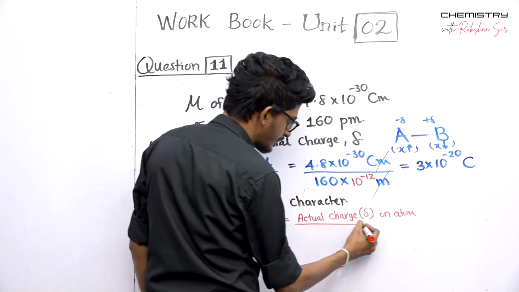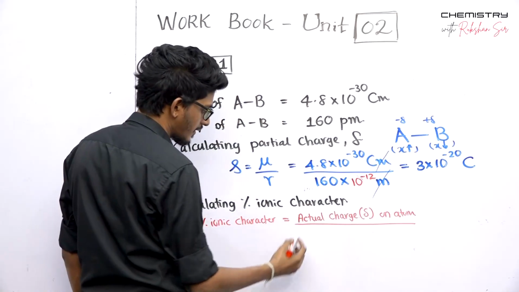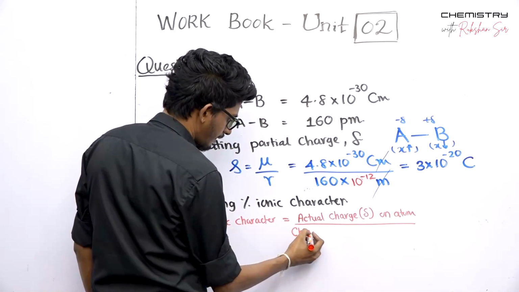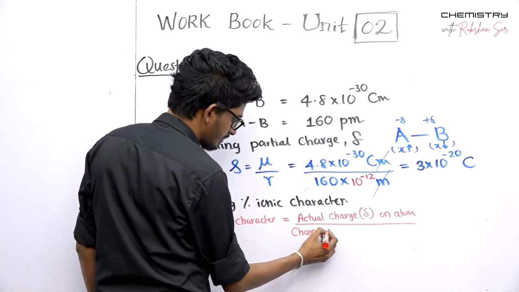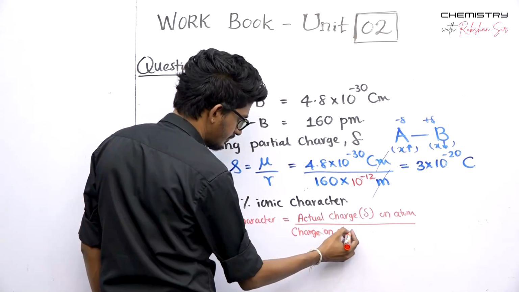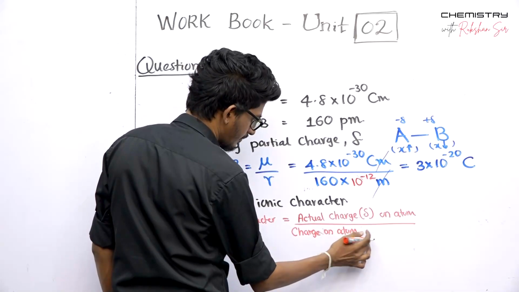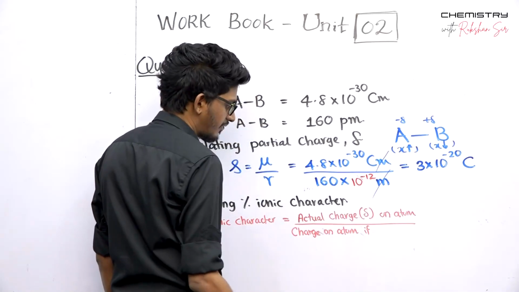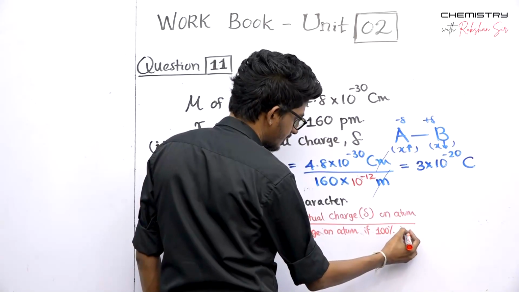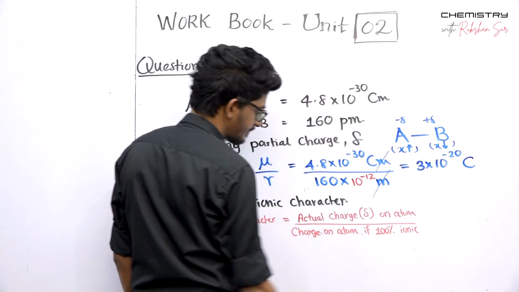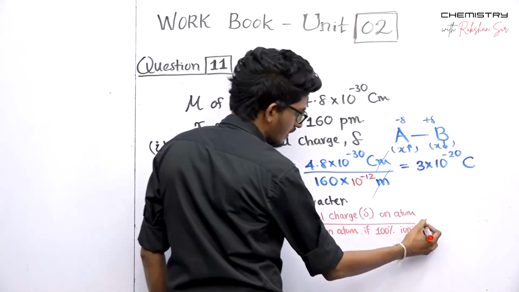divided by the charge on atom if the bond is 100% ionic, into 100.